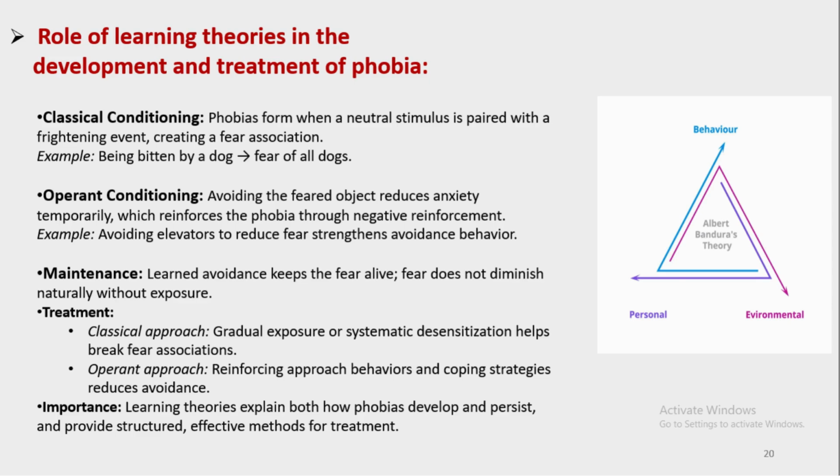For example, avoiding the elevator reduces the fear and strengthens the avoidance behavior. Maintenance: learned avoidance keeps the fear alive, and fear does not diminish naturally without exposure. For treatment, the classical approach, gradual exposure or systematic desensitization, helps to break the fear association. The operant approach, reinforcing approach behavior and coping strategies, reduces avoidance.